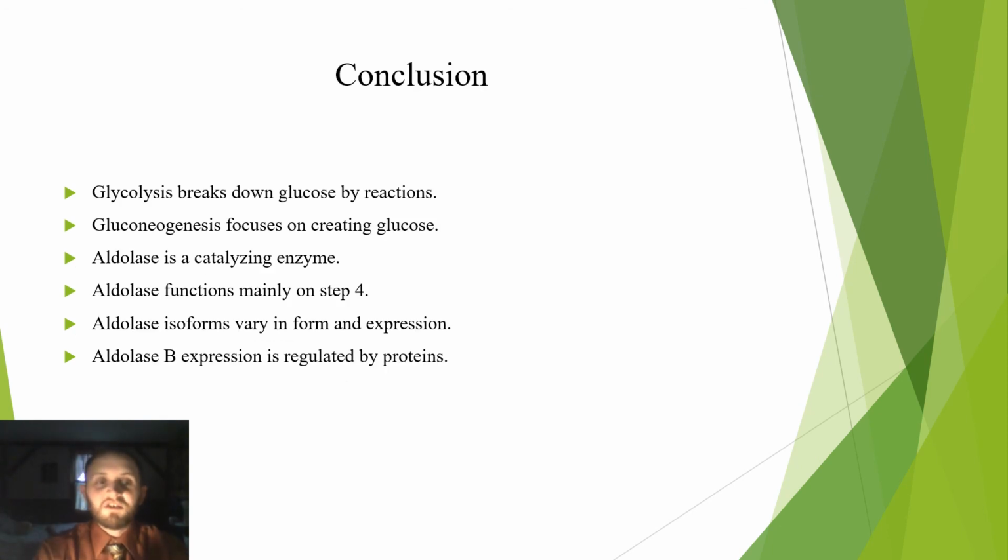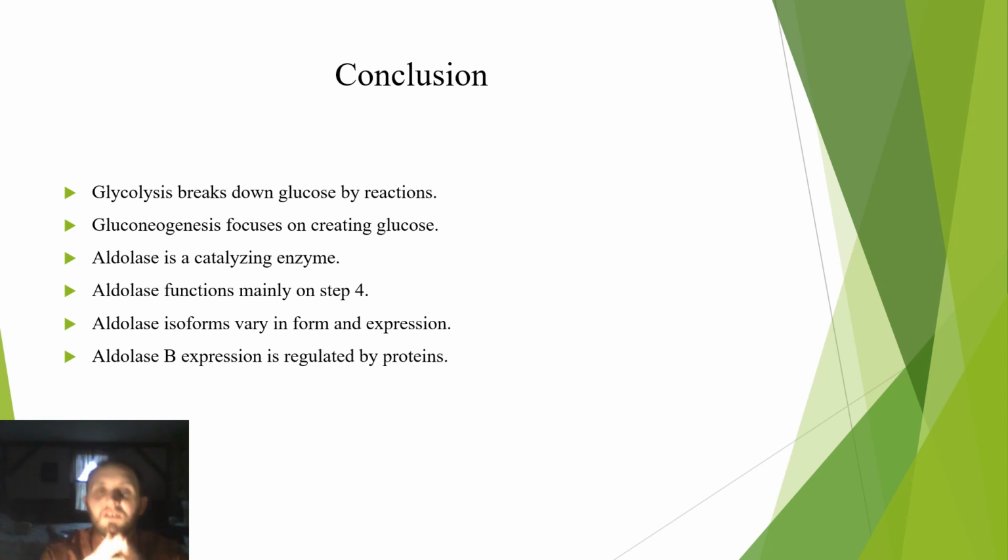Okay, so in conclusion, we discussed how glycolysis is the pathway which breaks down glucose molecules into two pyruvates, and we also looked over the process of gluconeogenesis, which takes that pyruvate and converts it into glucose. We talked about the aldolase enzyme, which plays important roles in glycolysis and gluconeogenesis, specifically in step 4 of glycolysis.